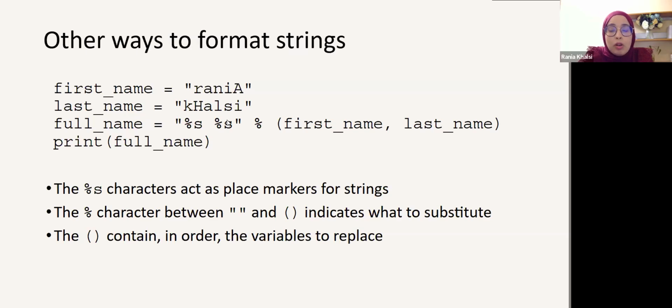Whenever I see, for example, percent f, starting with f, it's a float. So I'm specifying the variable type and the location is there. In order, I am going to have first one string and then the other string, so I give it first name and then last name. It considers the order again. This solution again is not practical if you are dealing with a very long one, or if you have many variables.